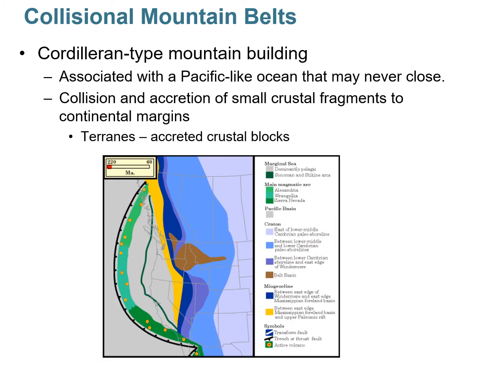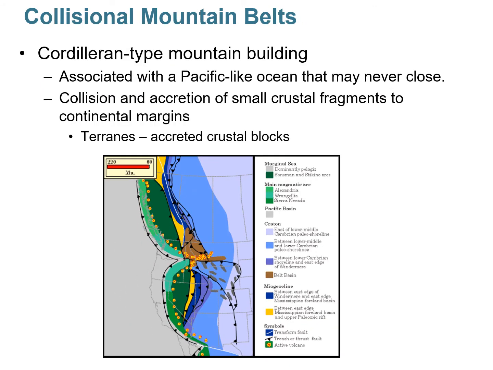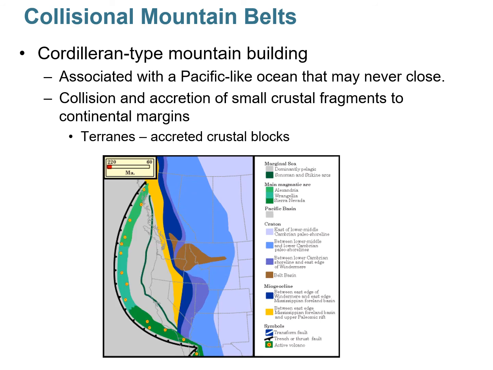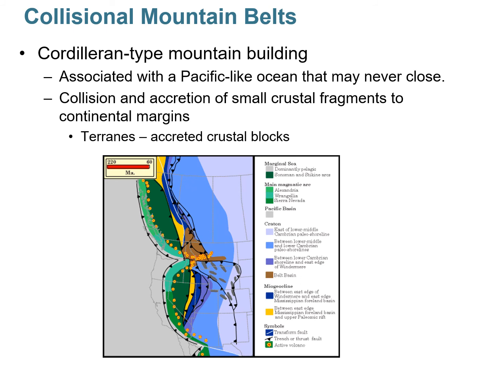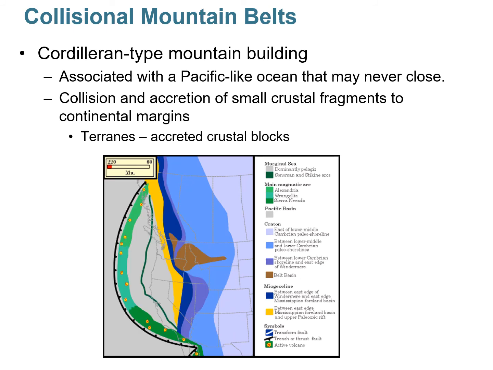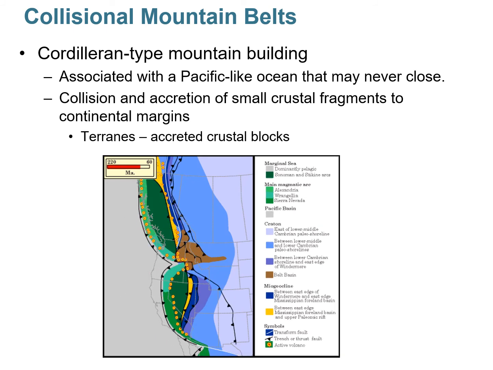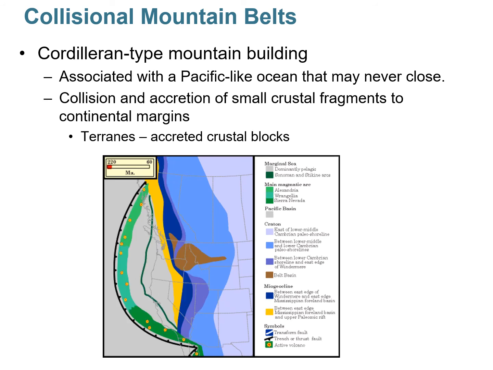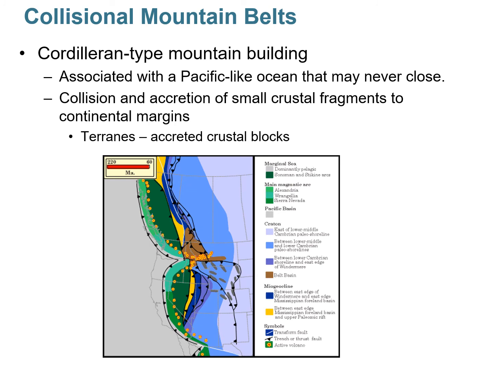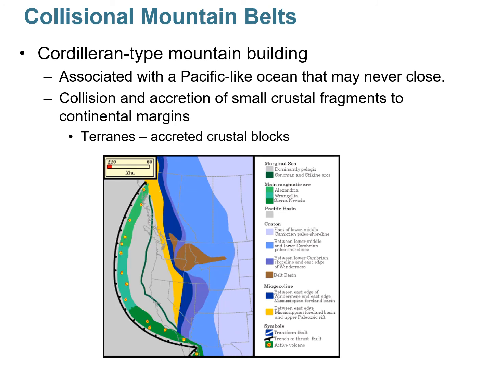Okay, then there's collisional mountain belts. This is more complex mountain building, and it's associated with Pacific-like ocean basins that are closing, and island arcs or microcontinents colliding with larger continental crust.